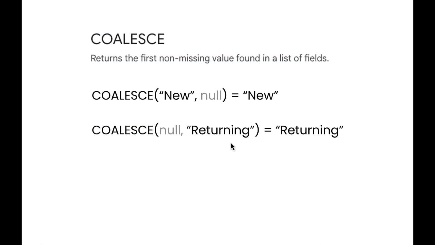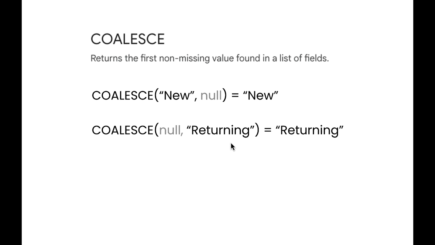Looker Studio's definition of what COALESCE does as a function is it returns the first non-missing value found in a list of fields. So we're going to pass COALESCE the user type from the left table and the user type from the right table, and it's going to return a single coalesced value. So when the left table has a value of new, then it's going to return that.